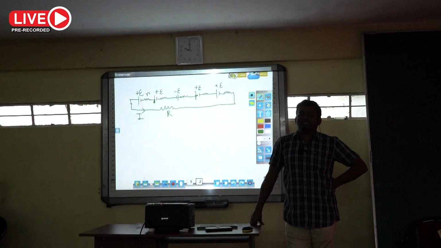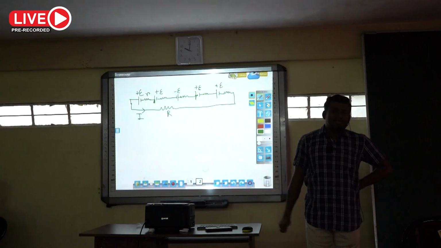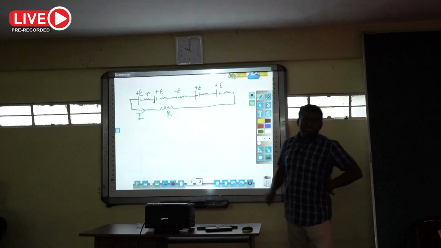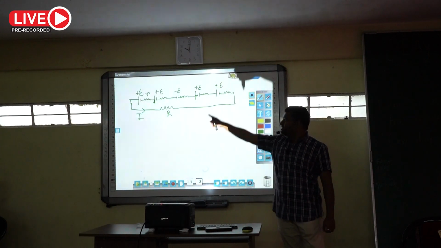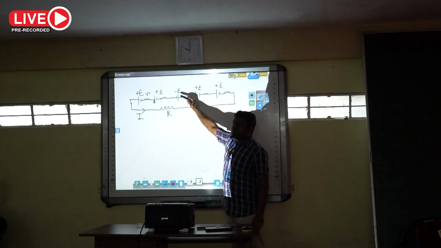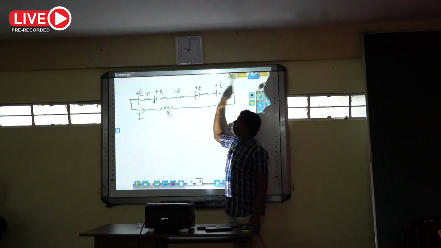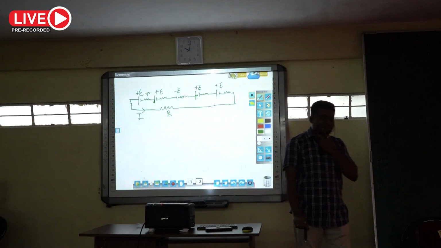Because if you consider that there are 5 cells and I invert one of them, then it is 5 minus 1. No. 1 inverted means actually 2 is subtracted. See, all the EMF is written, add this. Because one cell that is inverted, that will cancel one more. So remaining will be 1, 2, 3. So 3E will be the effective potential difference.